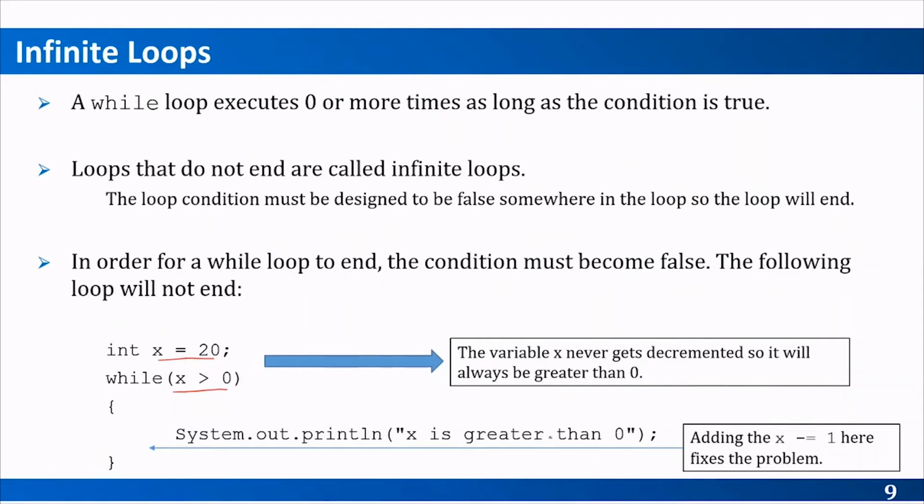What we want to do to fix this is to manipulate x eventually such that it violates that condition at a certain point. So if every time I execute the while loop I decrement x by 1, in that case eventually x will get to be 0, which is not greater than 0, and in that case the while loop will stop. So this is going to evaluate to false eventually.